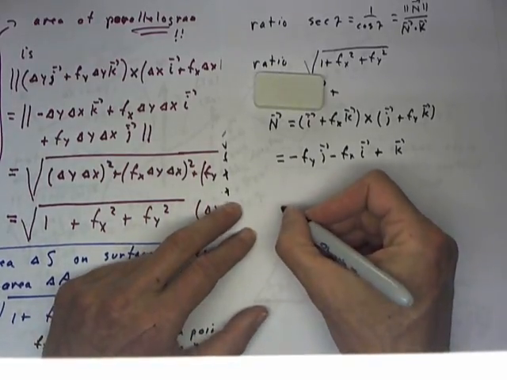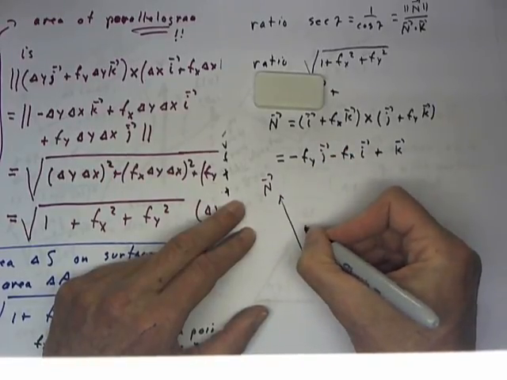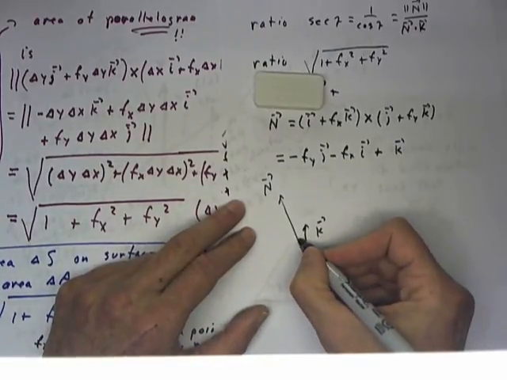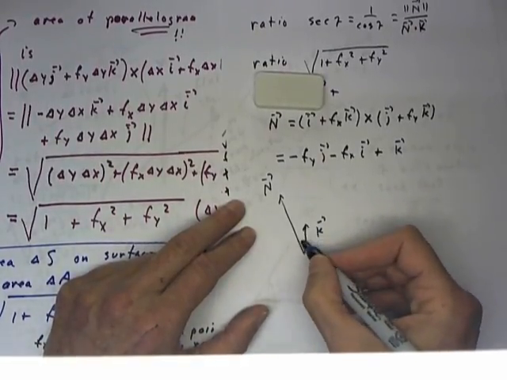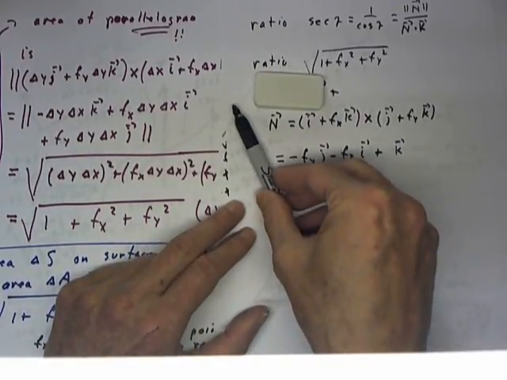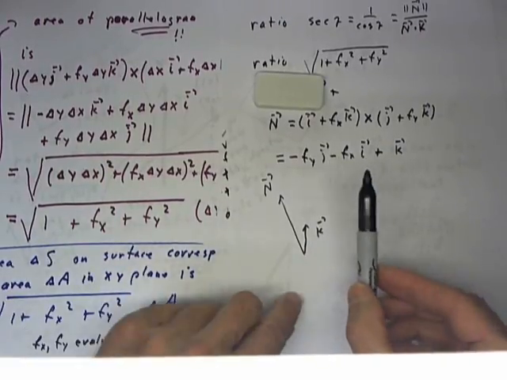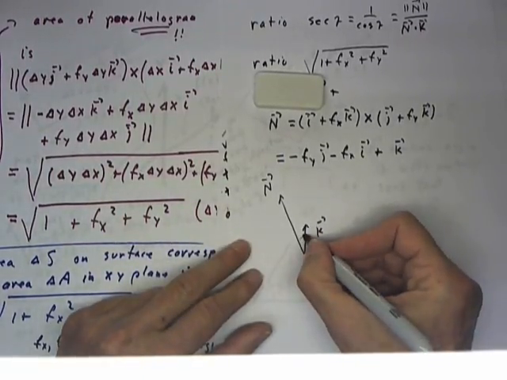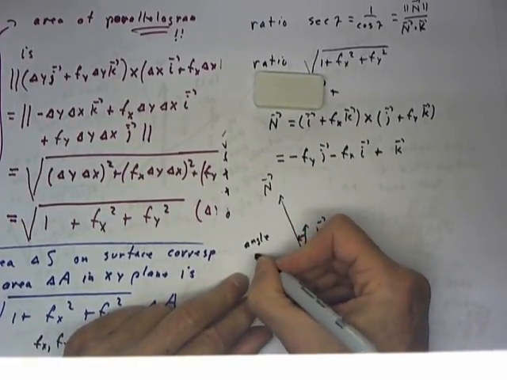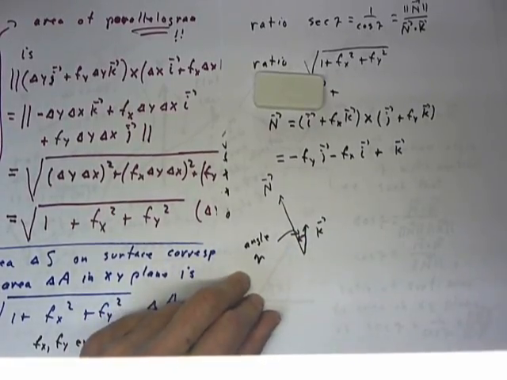Now if we depict our normal vector as such and our k vector as such, then this angle between the normal vector and the k vector is the angle between the normal to our surface and the normal to our plane region, delta x by delta y, down in the xy plane. So this angle here is gamma.